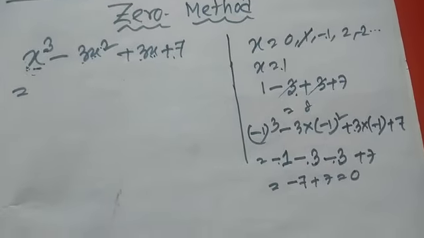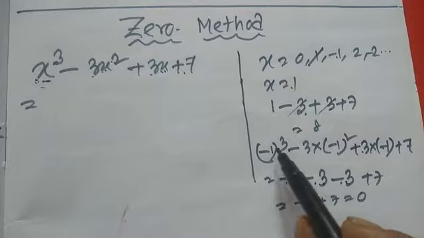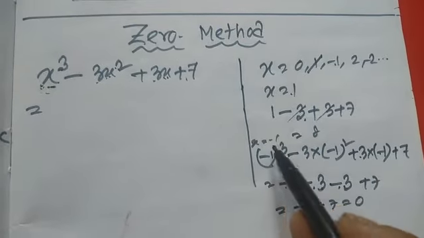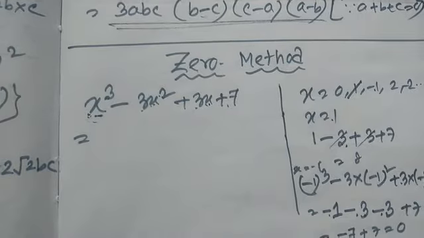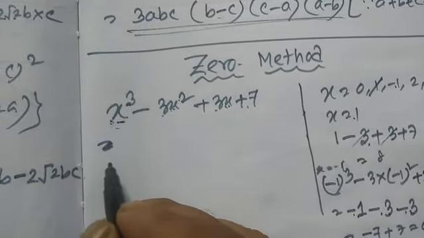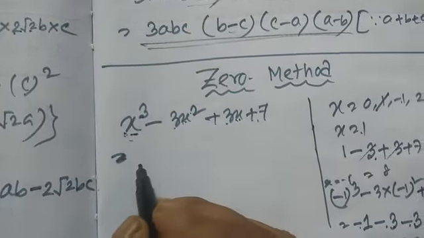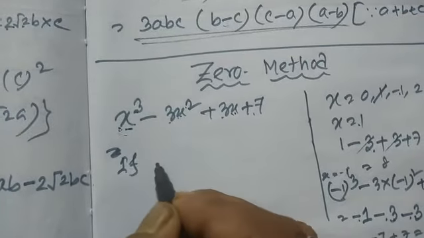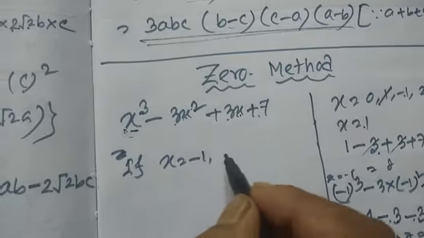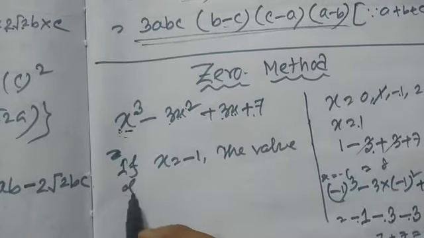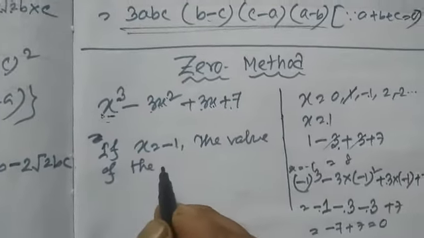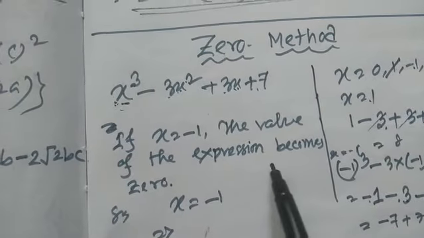That means, if we take x equals to minus 1, the value of the expression becomes 0.